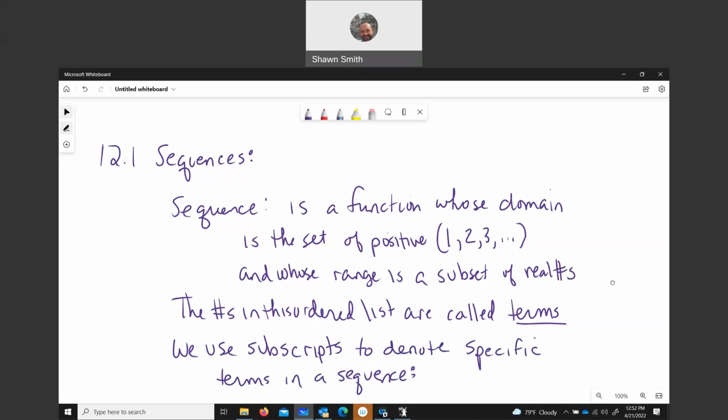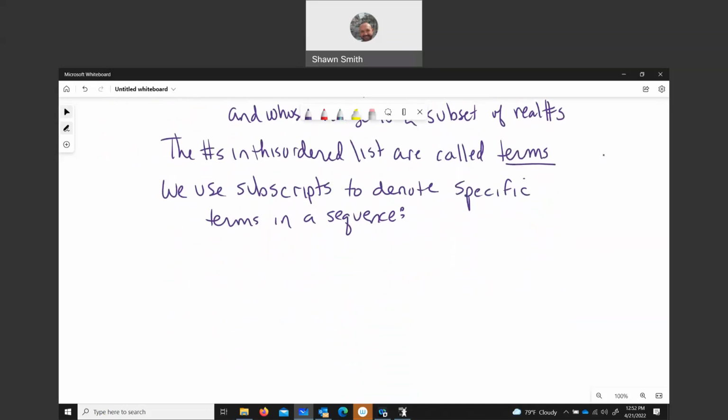So if you have a sub 1, that's the first term. A lot of times you just use the letter A to represent terms in the sequence. A sub 3, obviously.